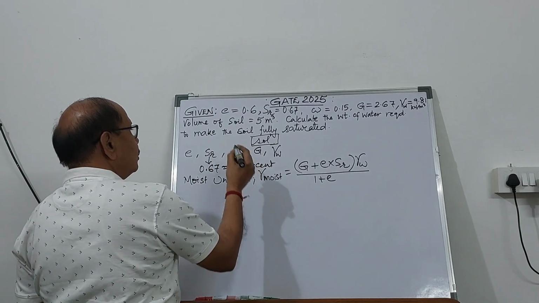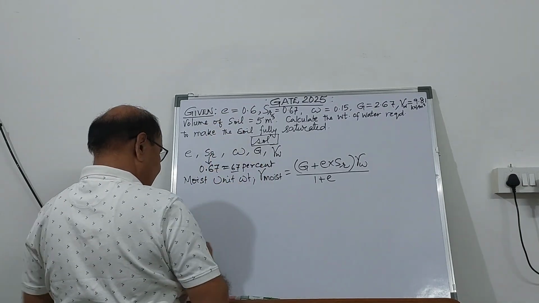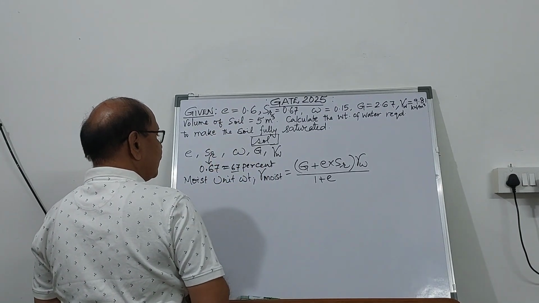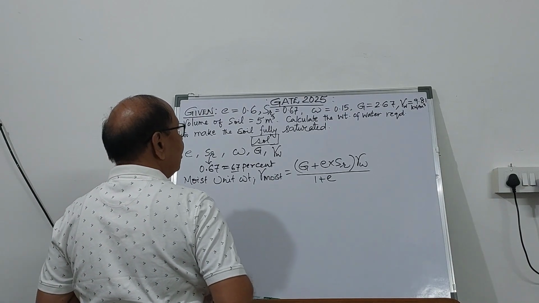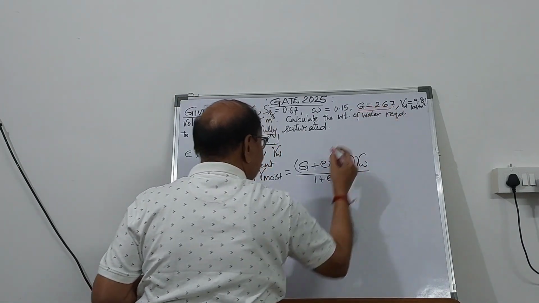So now if you see the data here, the value of G is already given as 2.67.